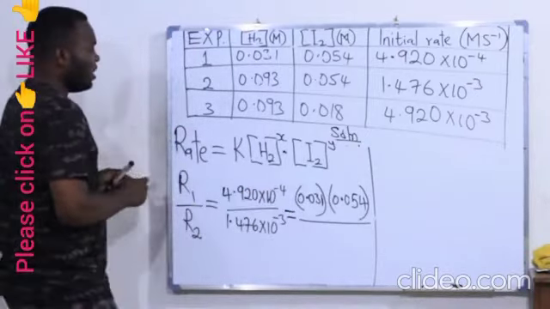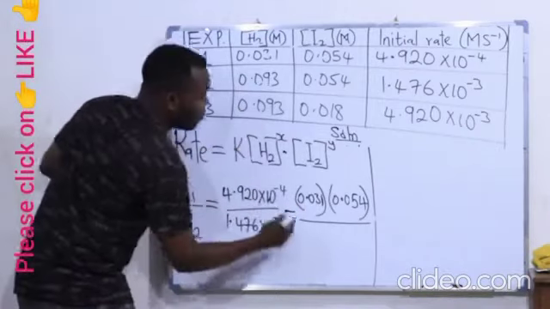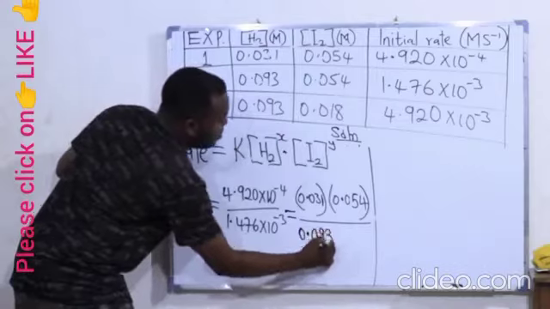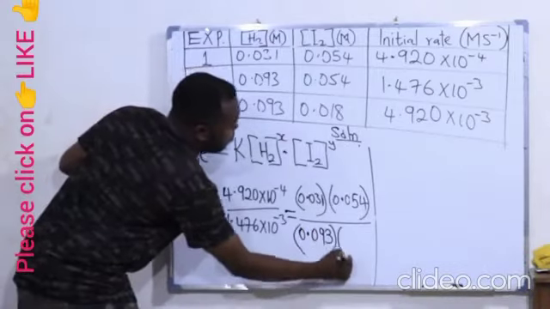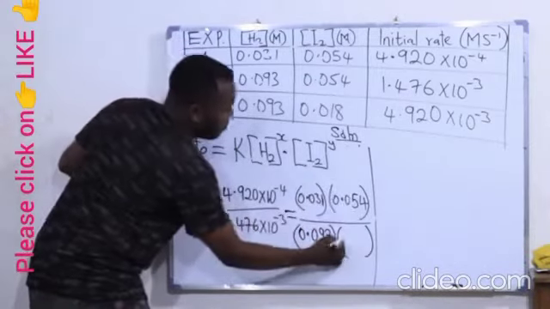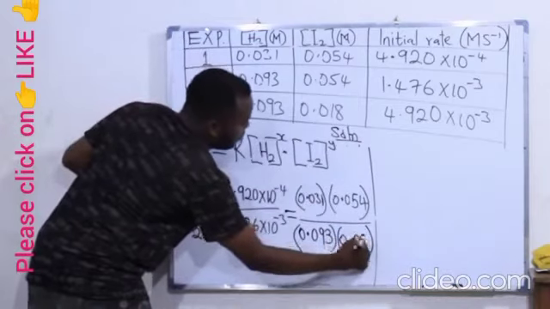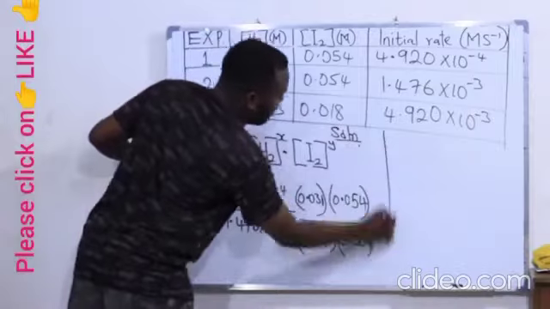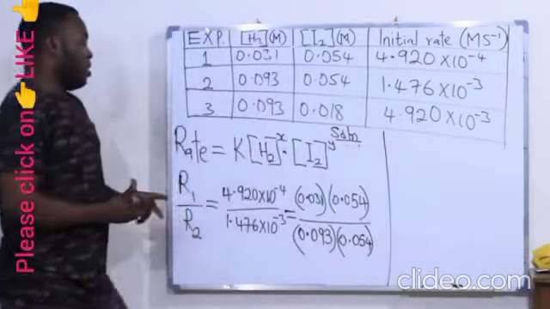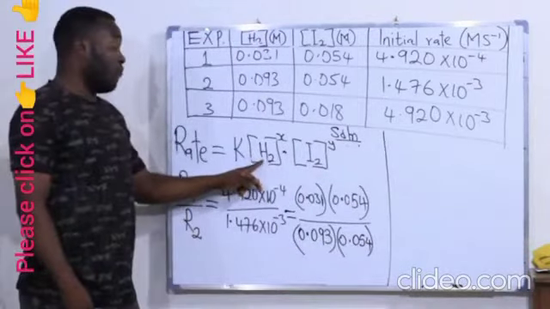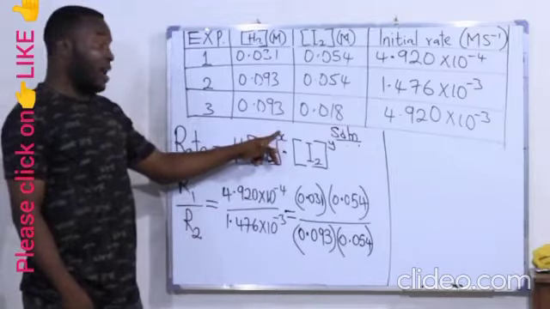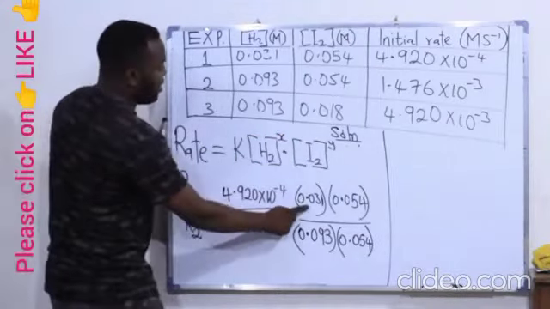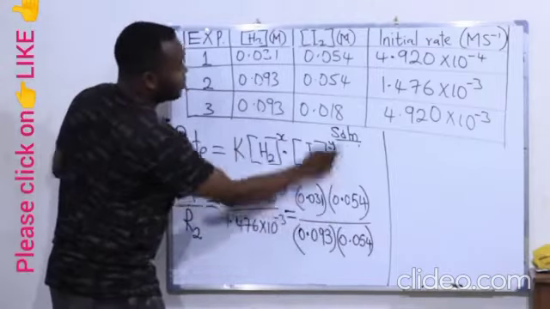Okay, now the second one, which is this, 0.093 all multiplied by 0.054. Now, with this, I can now put their powers. Remember, my H, my concentration for hydrogen, bears power X, while iodine bears Y. This is my H. This is my iodine.